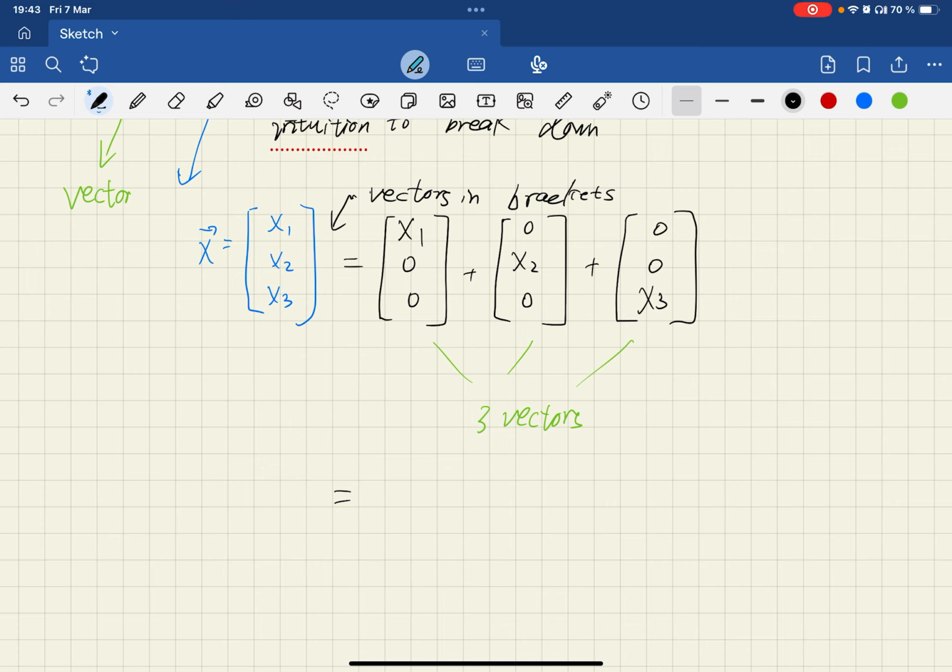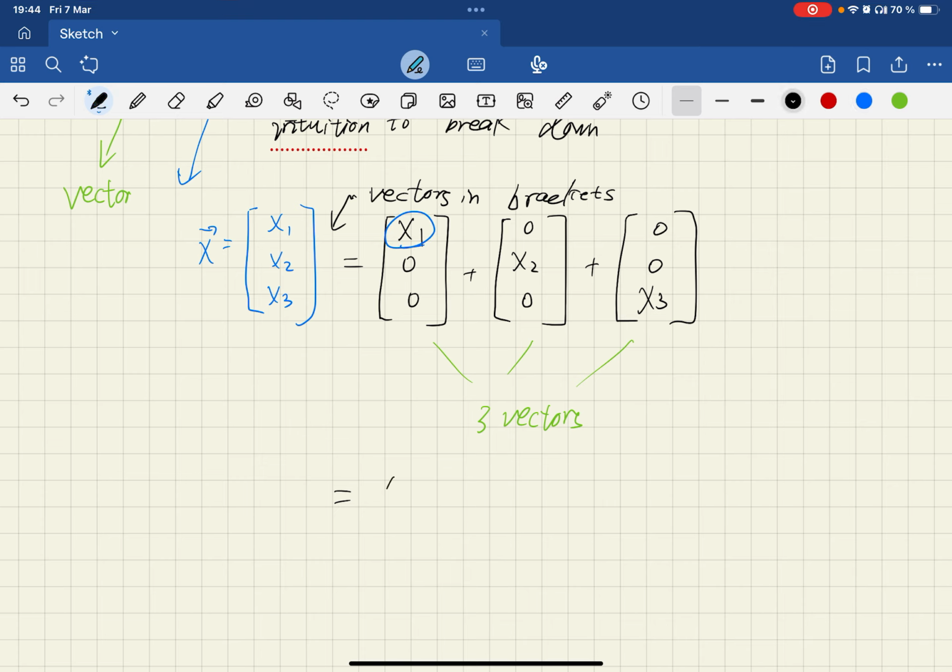And we now revisit the scaling, which means that you stretch a vector by a scalar. So what is a scalar in our expression now? Oh, it's x1.